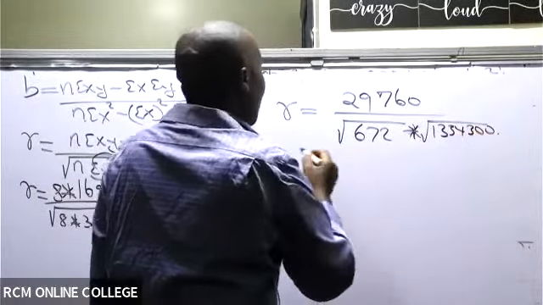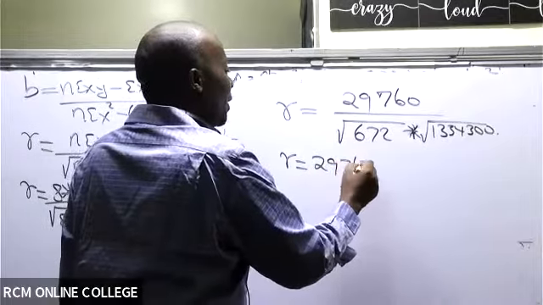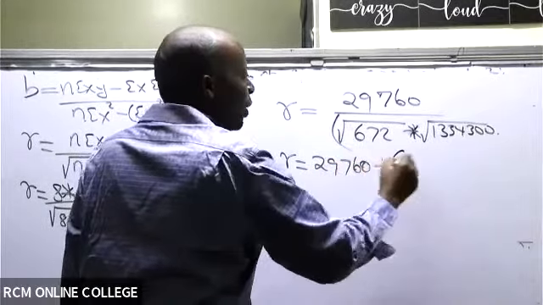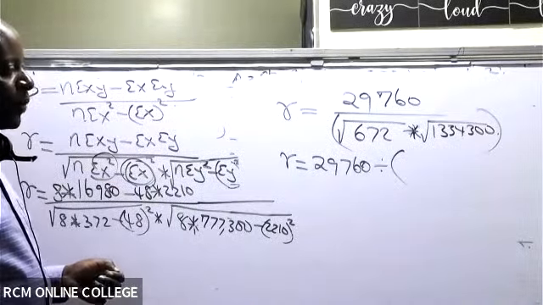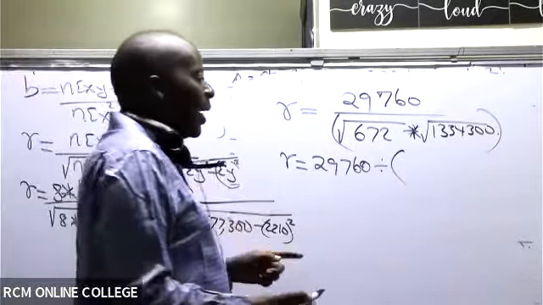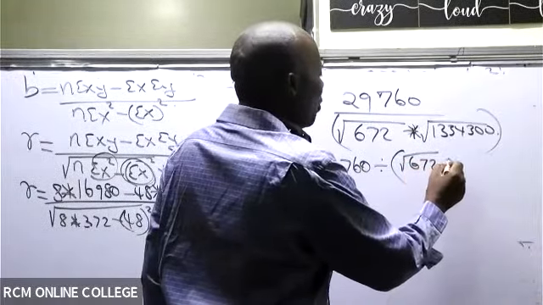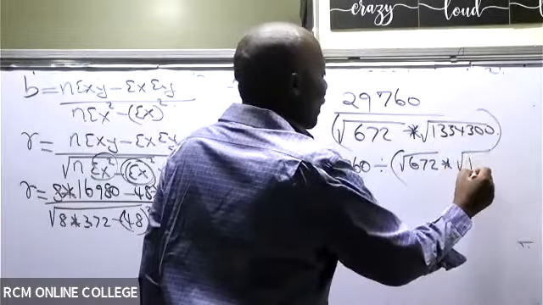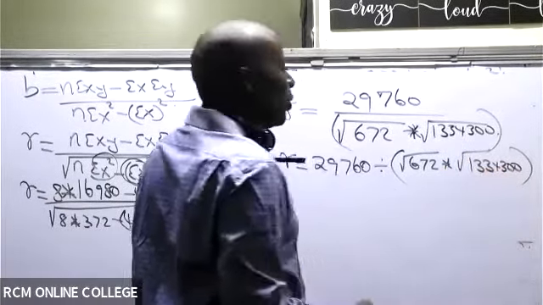So in your calculator, to get this R, you say 29,760 divided by, open bracket to take care of it, because there are two terms. You must always open brackets. So you say 29,760 divided by, open bracket, square root of 672 times square root of 13,334,300, and then you close bracket and press equals.